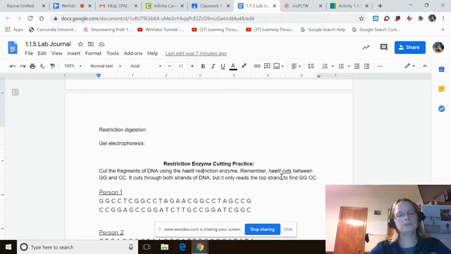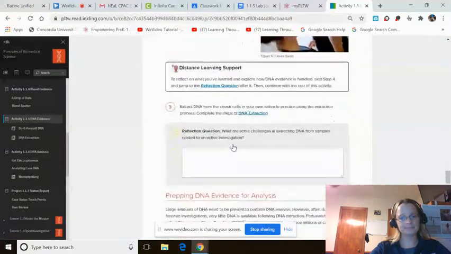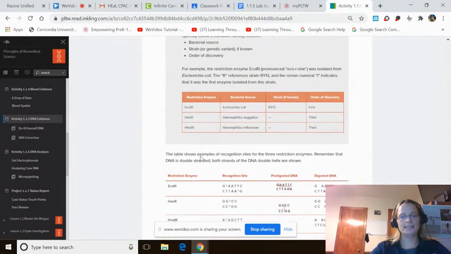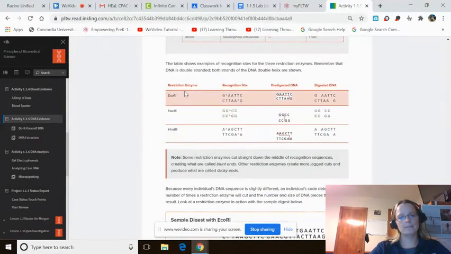All right, so now we are going to use HaeIII to cut between GG and CC. Restriction enzymes. You have some examples here of EcoRI, HaeIII, and HindIII. EcoRI and HindIII cut unevenly.